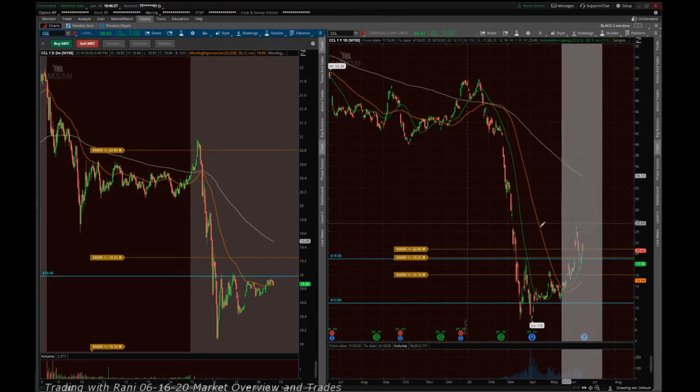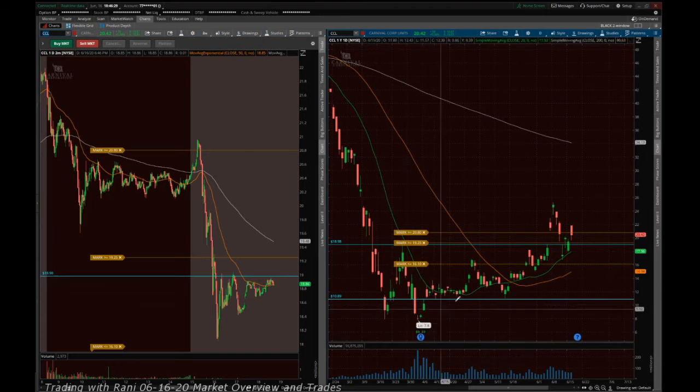What I was looking for is continued weakness into earnings, and you can see that it actually gave me an opportunity to get out before earnings, which is good. I don't usually hold into earnings, but with the cruise lines being so weak, I can't imagine that they're going to have great earnings for this quarter.